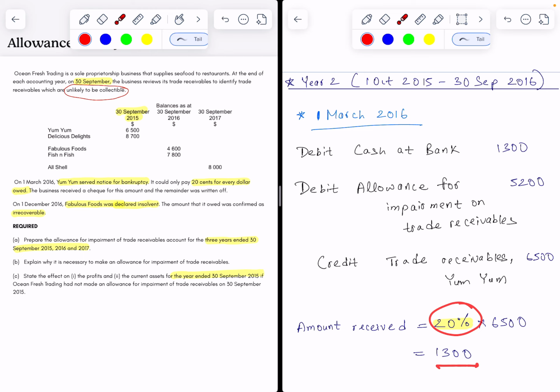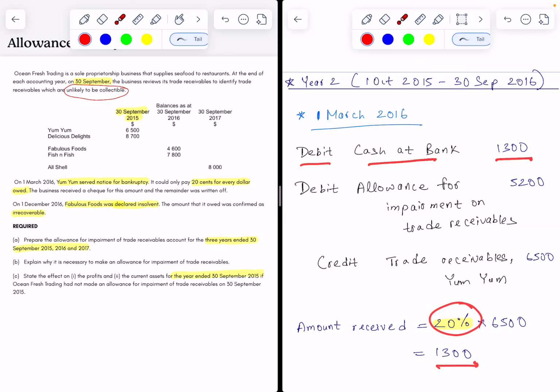Since the question clearly mentions that we have received a check, our funds available in the bank account are going to increase. Whatever funds are available in the bank account represent an asset for our business, and when the asset increases in value, we debit it. That is why we are debiting the cash at bank account by $1,300.